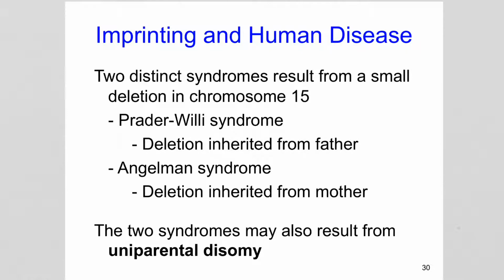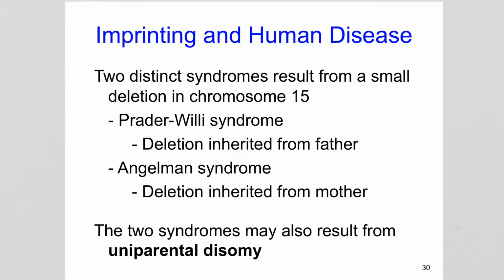And these types of diseases can have dramatic symptoms associated with them, and only due to just small deletions of DNA. So your book covers two distinct syndromes that result from the very same small deletion of the same region of chromosome number 15. Just depends whether that deletion is inherited from the father or from the mother.